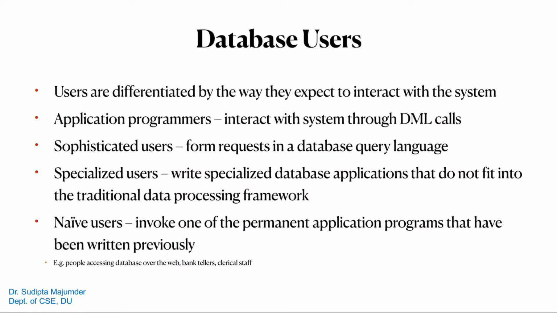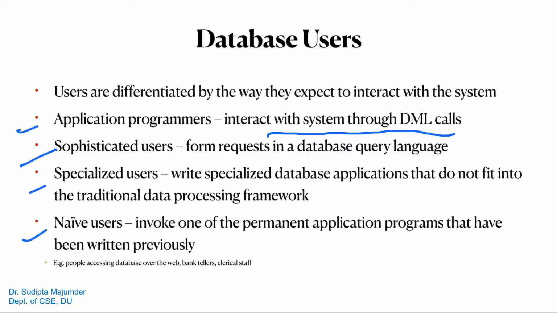The next topic is the database users. Users are differentiated by the way they expect to interact with the system. The first one is application programmers, then sophisticated users, specialized users, and naive users. The application programmers interact with the system through DML calls, that is, data manipulation language calls.